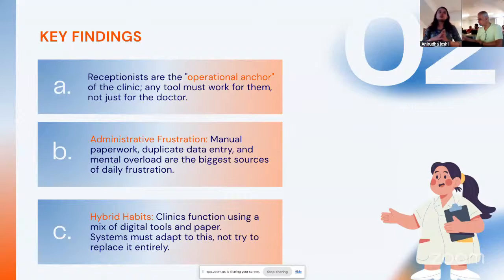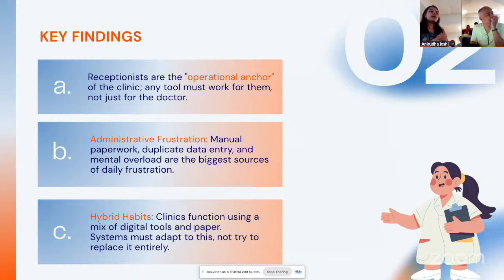Then we moved on to doing affinity mapping, and through that we shortlisted six key findings. Receptionists are the operational anchor, and if we design a tool, it should work for both of them. Administrative frustration: duplicate work is the biggest source of daily frustration for them.